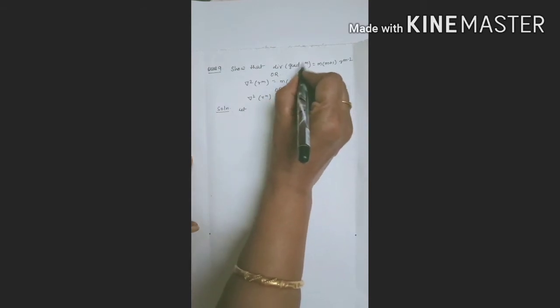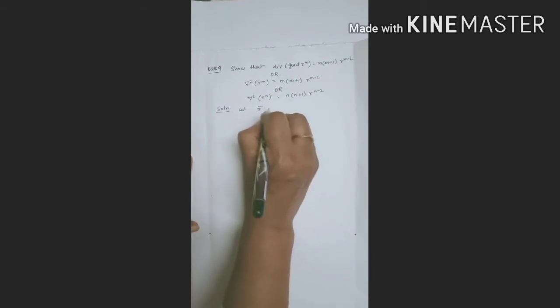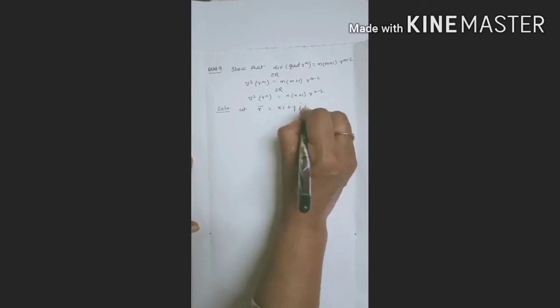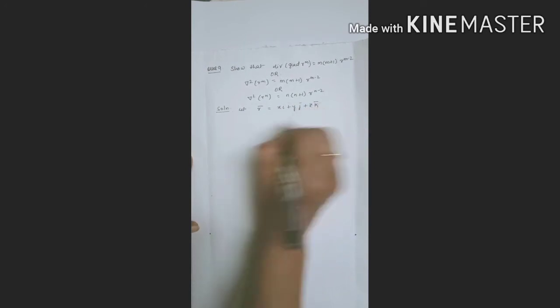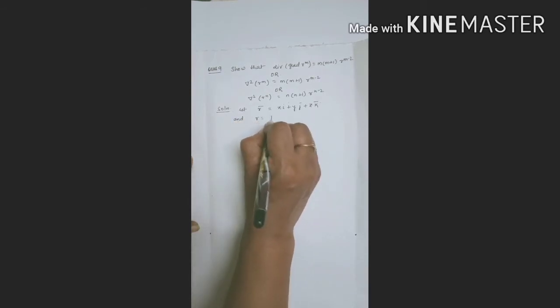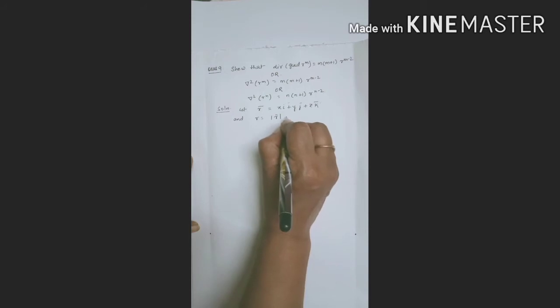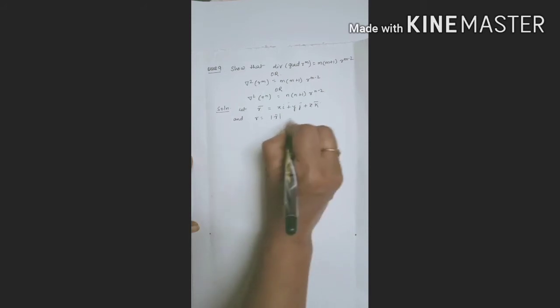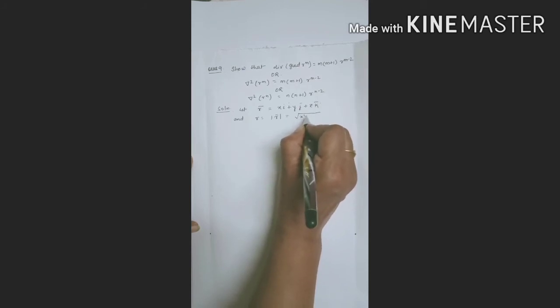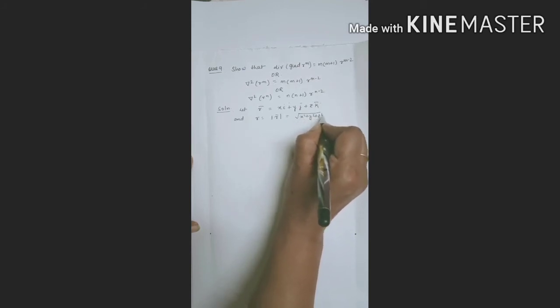Since they have asked about r to the power m, the vector r will be xi plus yj plus zk, and we know that r equal to modulus of vector r, which will be equal to under root x square plus y square plus z square.